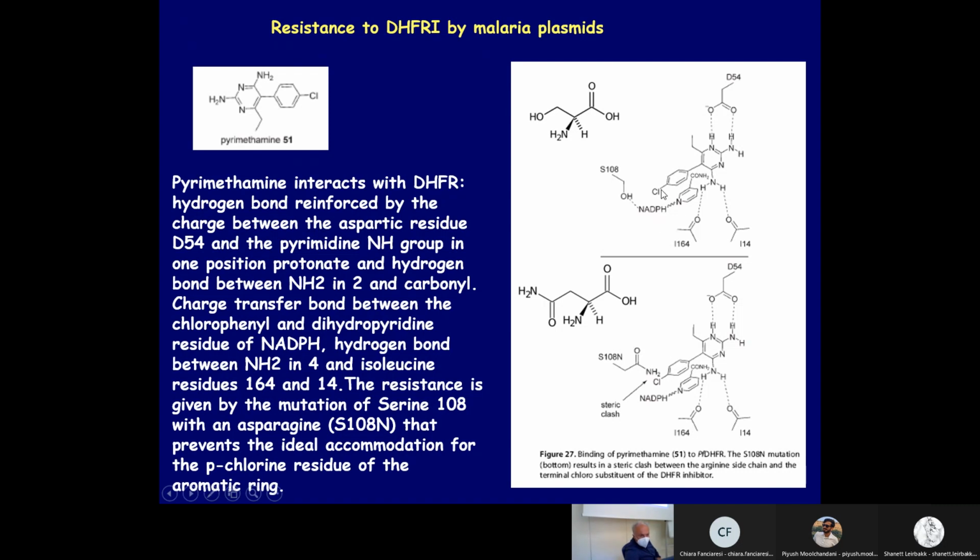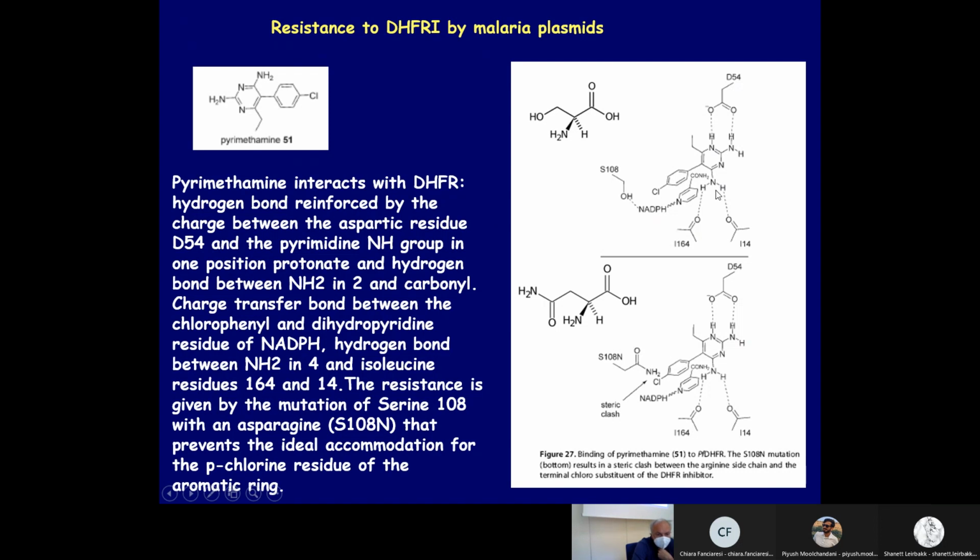And here you can see the interaction of pyrimethamine inside the active site of the enzyme. In particular, you see the interaction of these two nitrogen atoms with an acidic residue, D54, I think it's an aspartate residue.